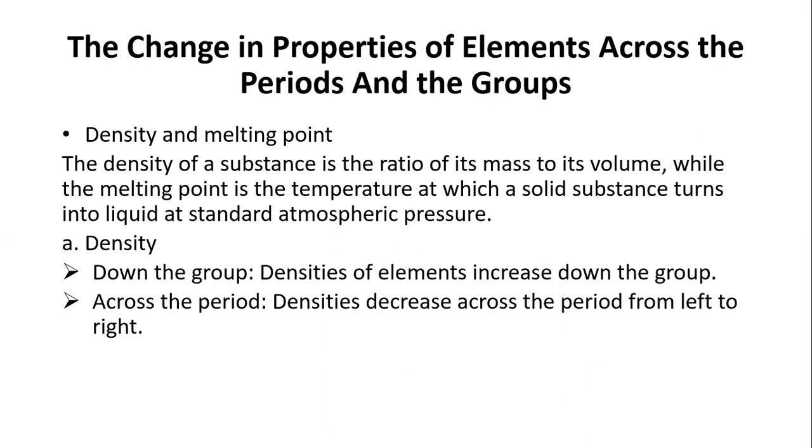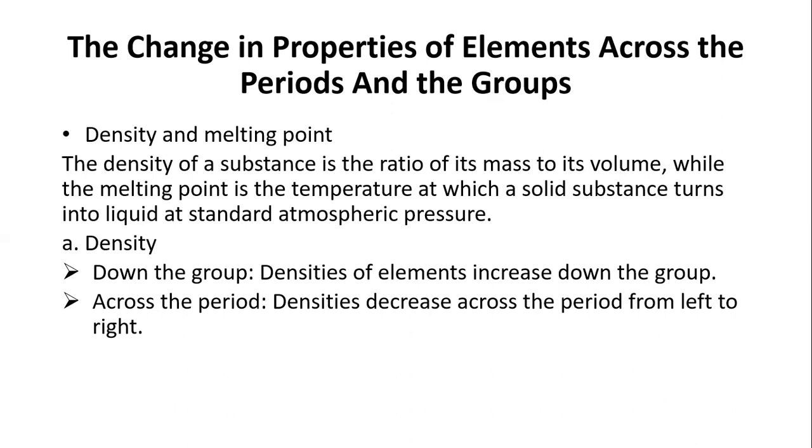Now, the other changing properties of the elements are the density and the melting point. Density is just the ratio of mass to volume. So the density of a substance is the ratio of its mass to its volume, while the melting point is the temperature at which the solid substance turns into liquid at the standard atmospheric pressure. Now let's start with the density.